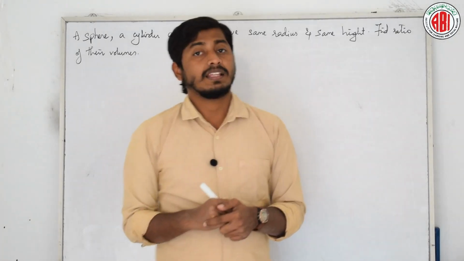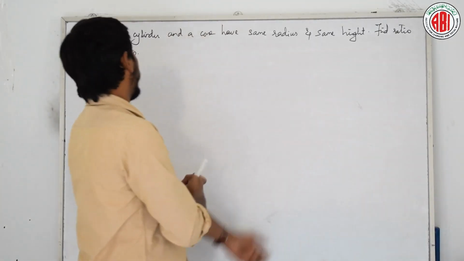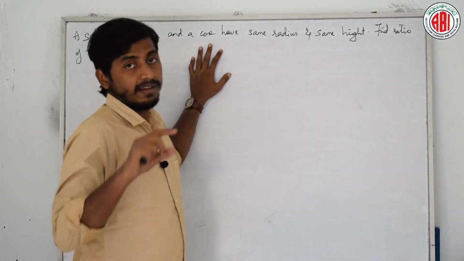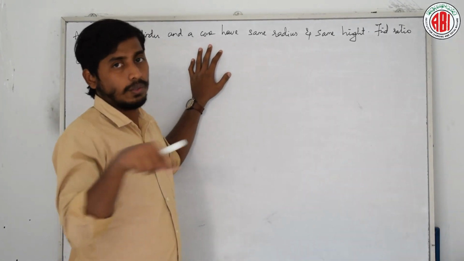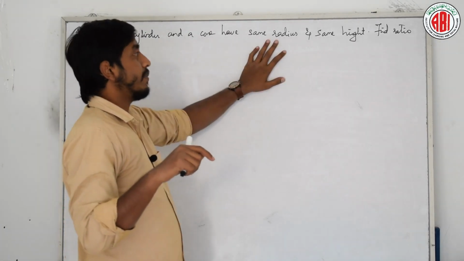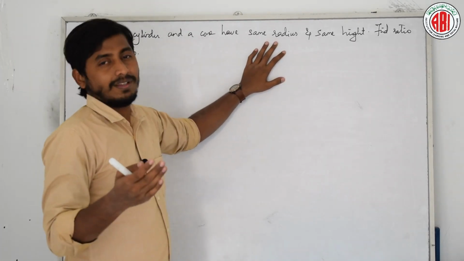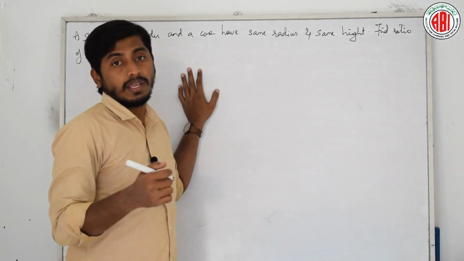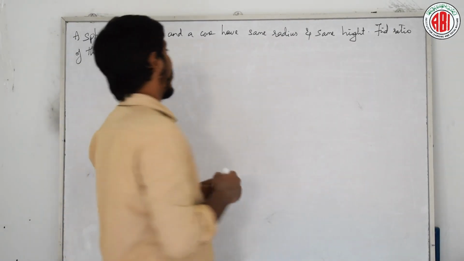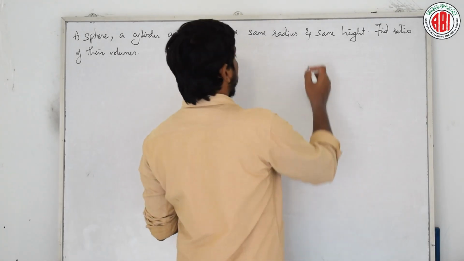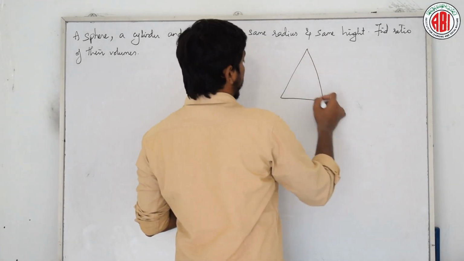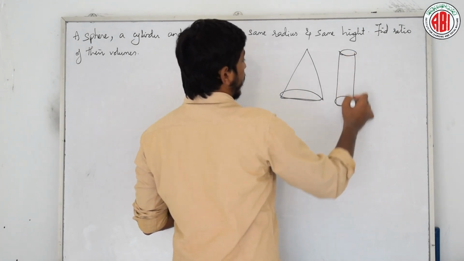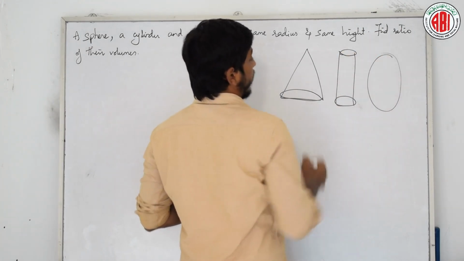Let's do. See here the next question: a sphere, a cylinder and a cone have the same radius and the same height it seems. Find the ratio of their volumes. Just try to understand what is given here: a sphere, a cylinder and a cone.